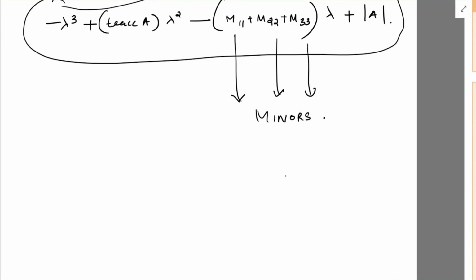So let me check for the case of the previous example, that is the 3 by 3 matrix 2 3 minus 2, 0 5 4, 1 0 minus 1. So this was the matrix.